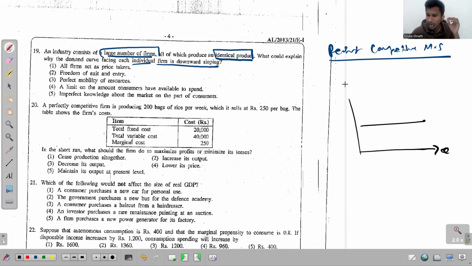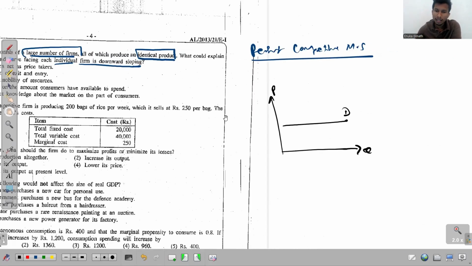So each individual firm will face a perfectly elastic demand curve. That is, the demand curve faced by each individual firm will be parallel to the quantity axis.